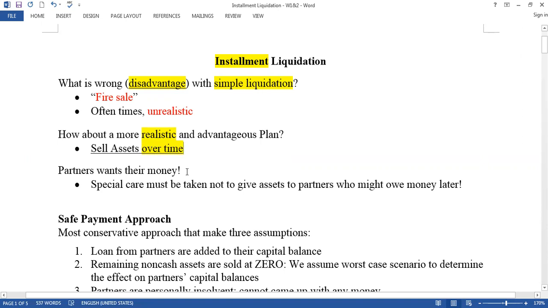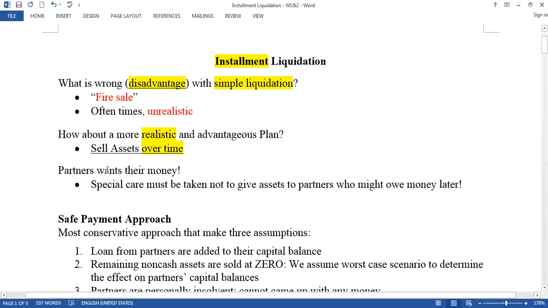This is the responsibility of the business: whenever it sells an asset, it should inform the partners and give them their money back.